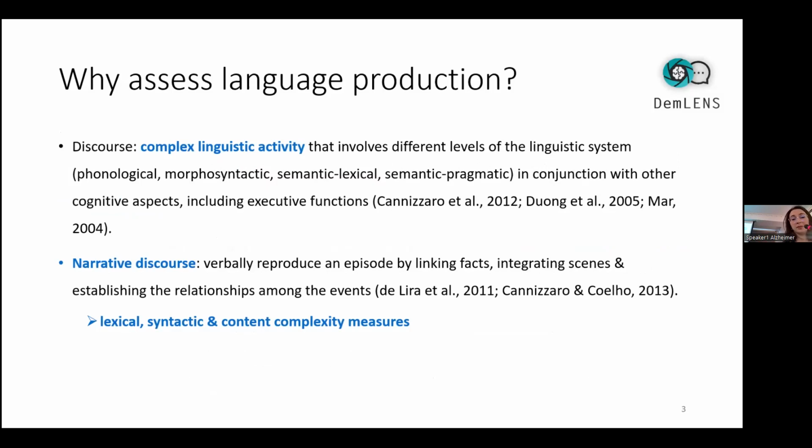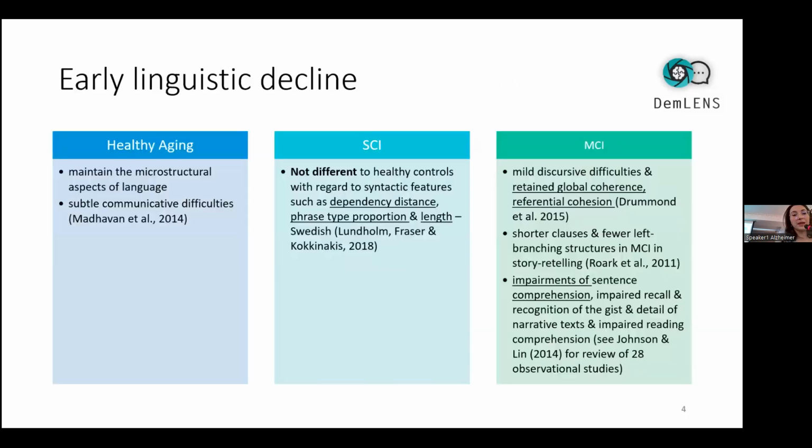When you have this level of complexity, it gives you the chance to have measures that have to do with lexical, syntactic, and content complexity, which is something that we don't get in more strict tasks, let's say a sentence repetition task, as we saw before.